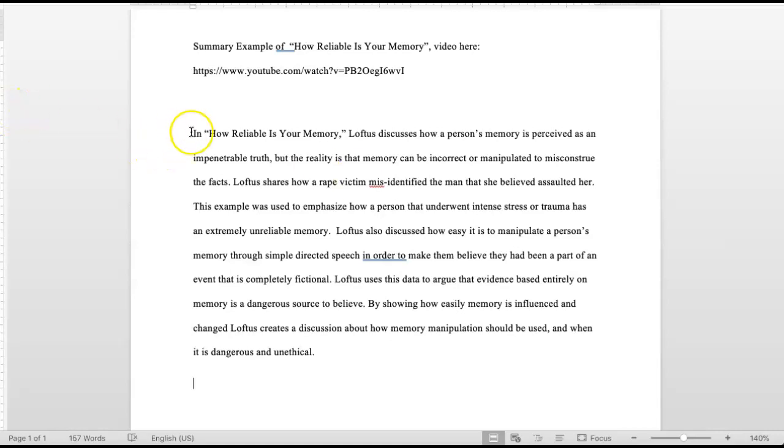Let's look at this first paragraph here. We see how this student starts with a couple of things that we've already said. In this first line, we see the title of the thing: How Reliable Is Your Memory? We also have the person who created the thing. Her full name is Elizabeth Loftus.